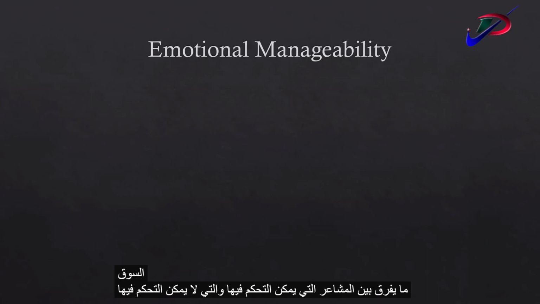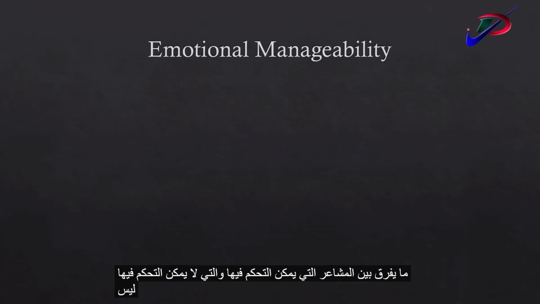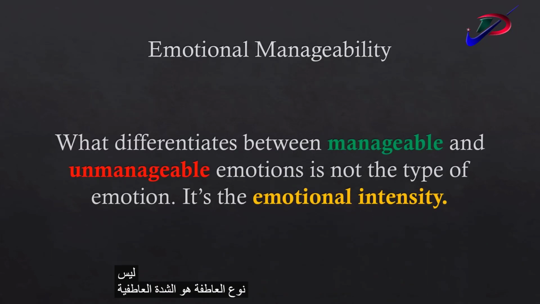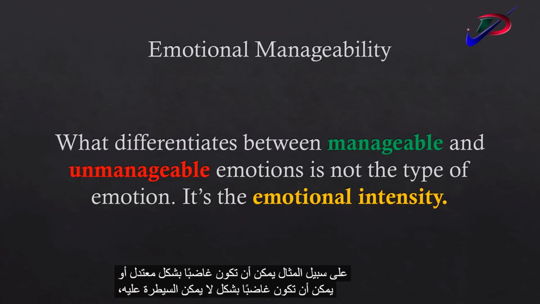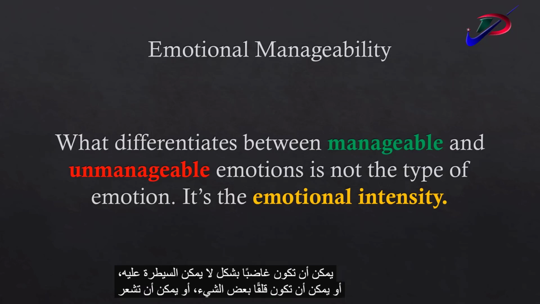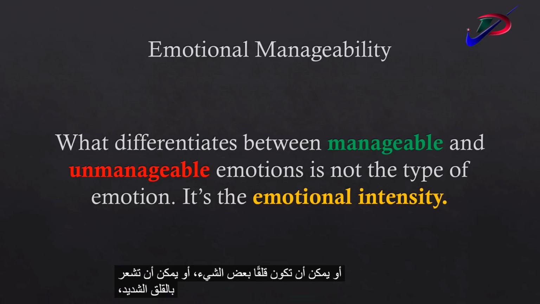What differentiates between manageable and unmanageable emotions is not the type of emotion, it's the emotional intensity. Emotional intensity is simply the degree to which you feel an emotion. For example, you can be mildly angry or you can be uncontrollably angry. You can be a little anxious or you can be overwhelmingly anxious.